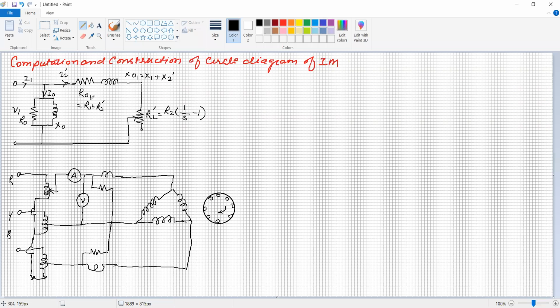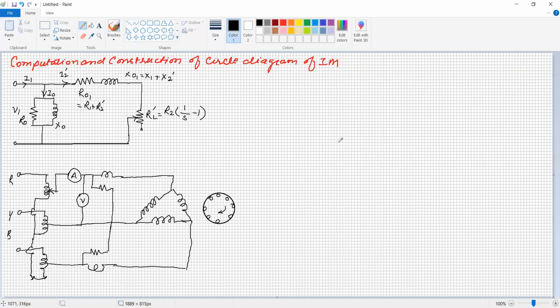The resistance R01 is the addition of stator resistance plus rotor resistance referred to the stator. Similarly, the reactance X01 is X1 plus X2 dash. X2 dash is the rotor reactance referred to the stator side, and this is the load resistance.